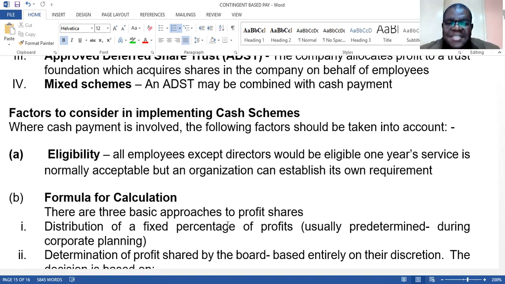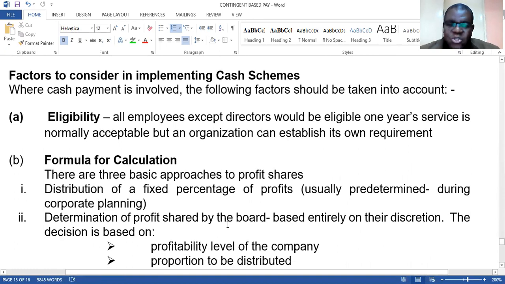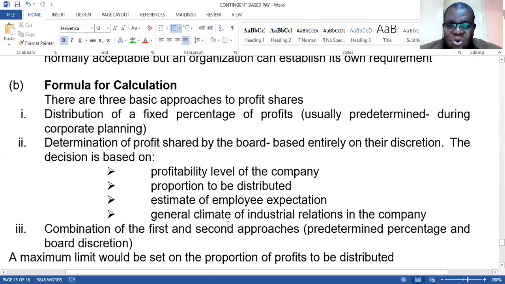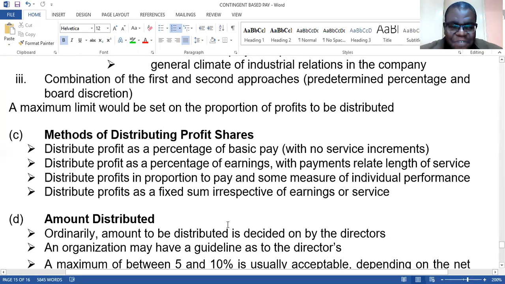So when you look at these cash schemes, there has to be clarity for the scheme to succeed. Who is eligible to join and share? Usually employees, excepting the directors, who have been there for at least 1 year prior to the period for which the profit share is being worked out. What is the formula to be used to calculate and determine the profit share?